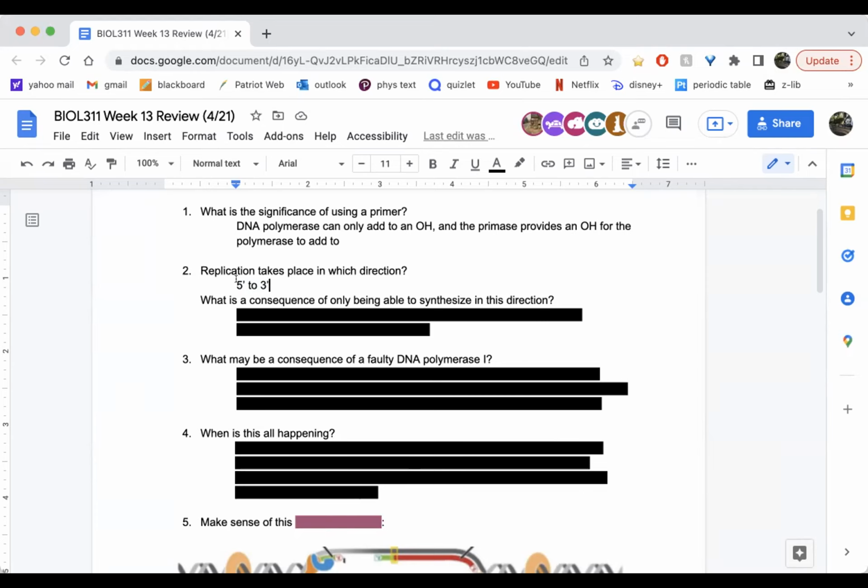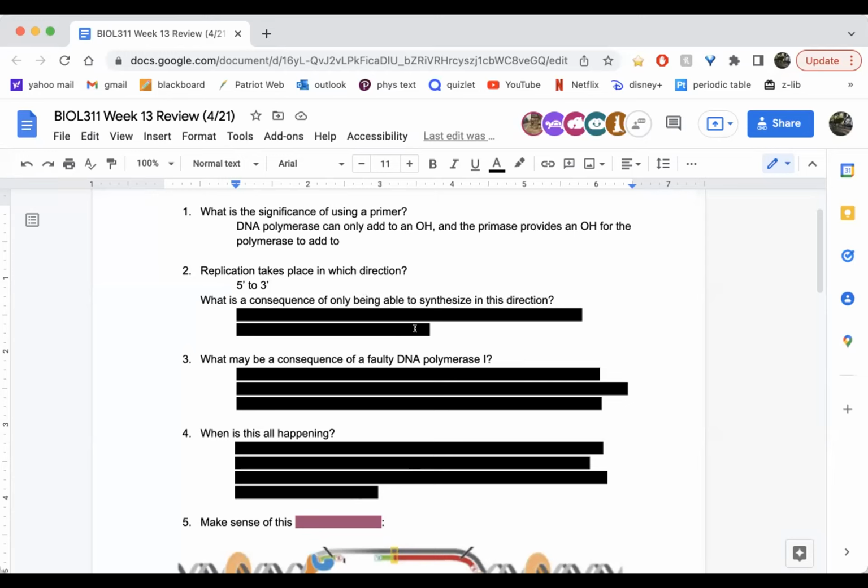And so since we're only able to synthesize in the 5' to 3', what is a consequence of this? Exactly, Casey just had it.